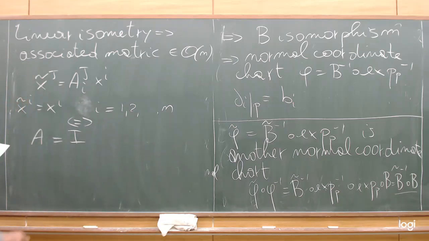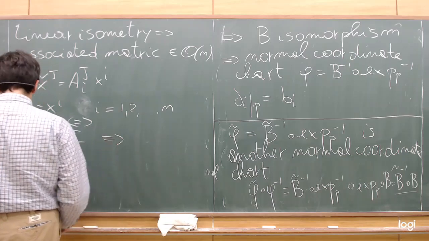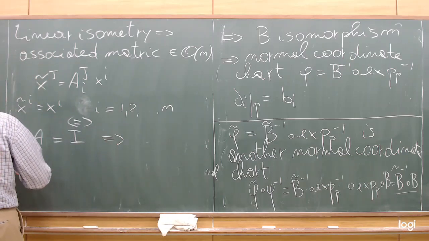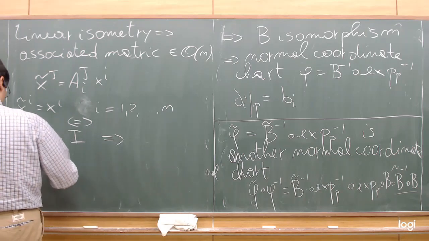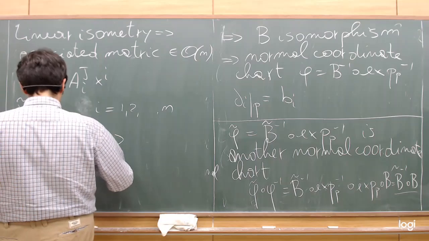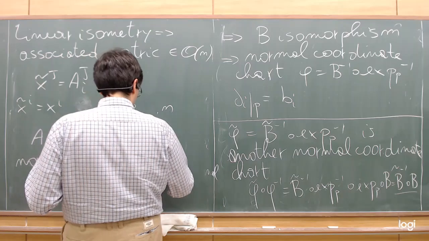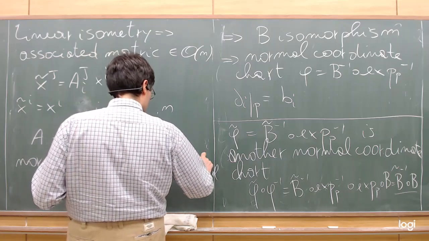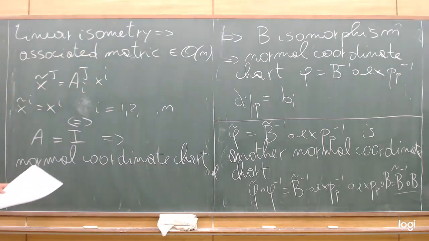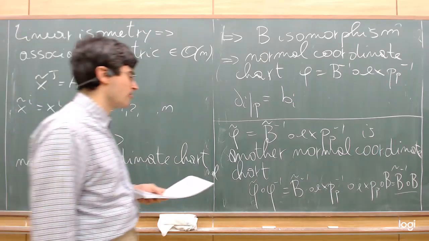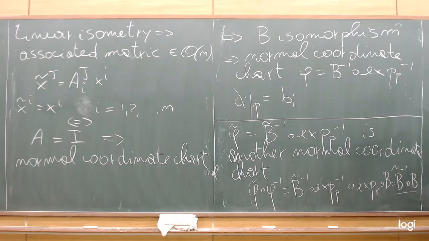and this means that the normal coordinate chart associated with a given orthonormal basis, which means associated with the isomorphism B induced by that basis, is unique.